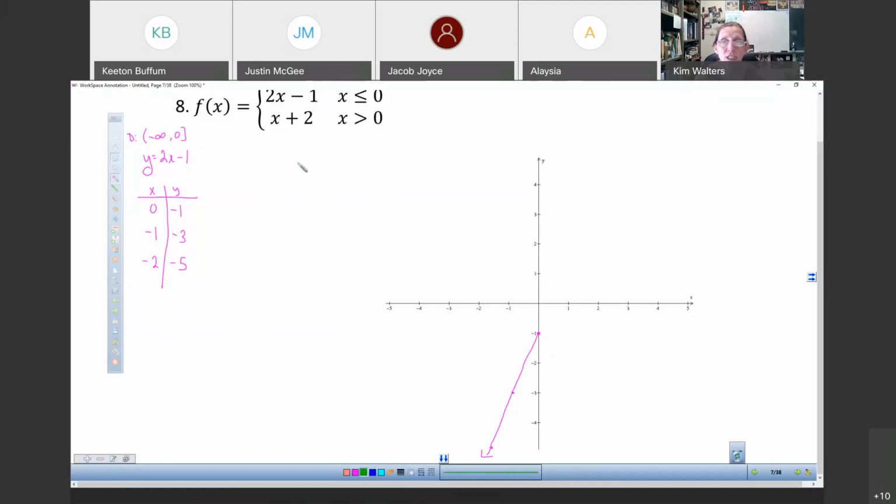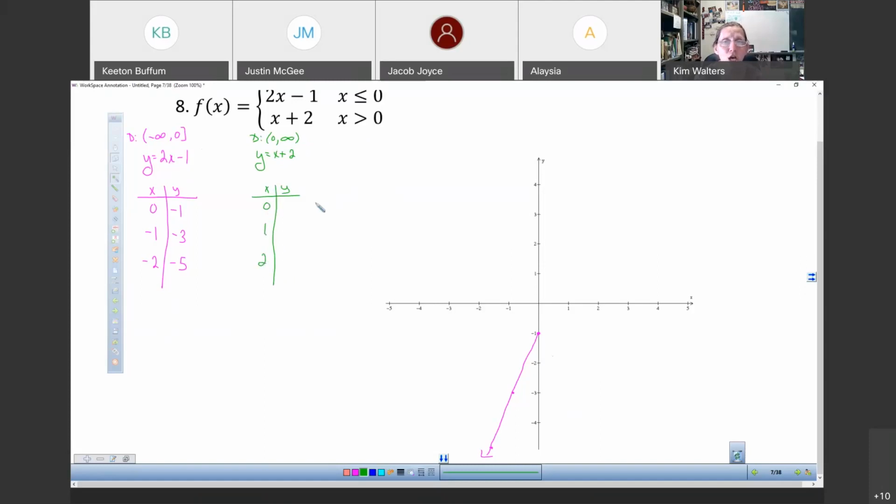Now we're going to do the second portion, which is y is equal to x plus 2. But in this case, we're going to have that round bracket 0, because there's no equals to here, to positive infinity. So it's only for those x values that are greater than 0. When I think about my table of values, I just need a starting point, and that's why I still plug in 0 here.